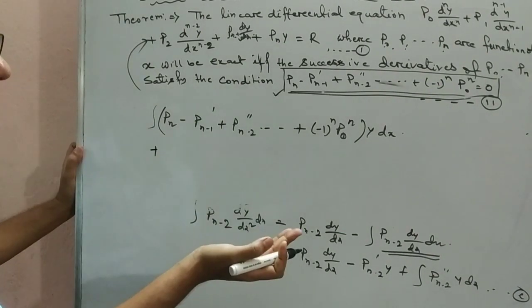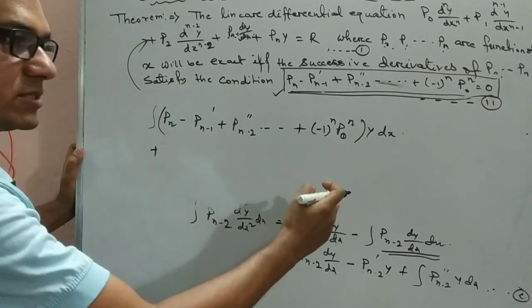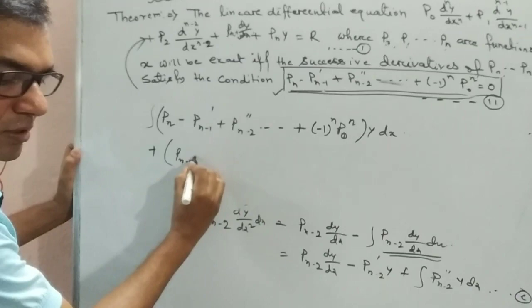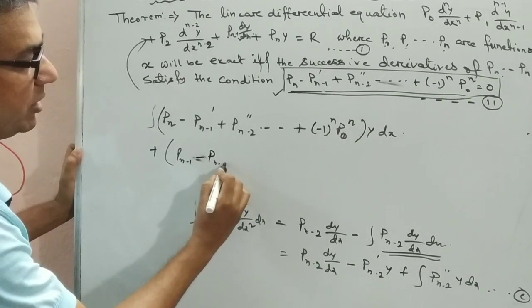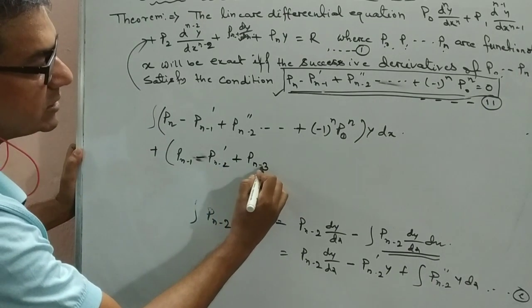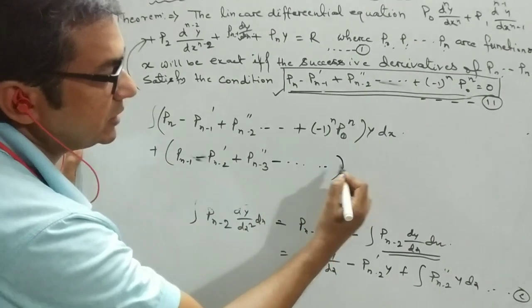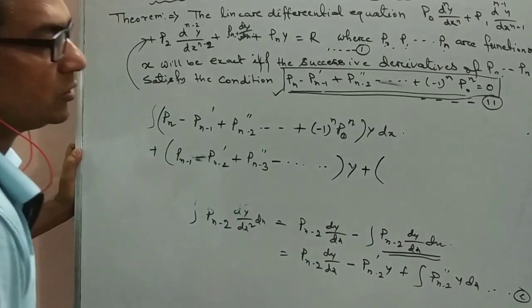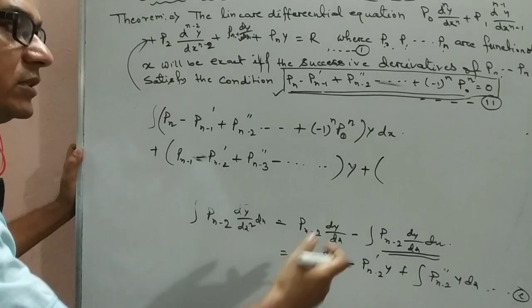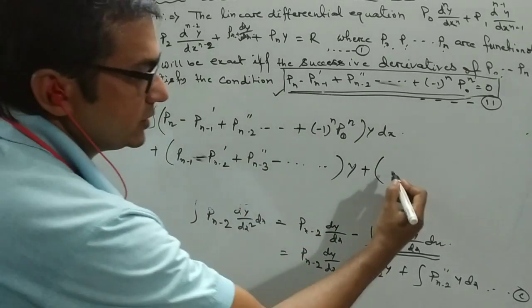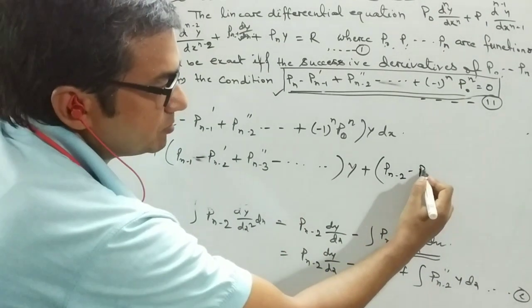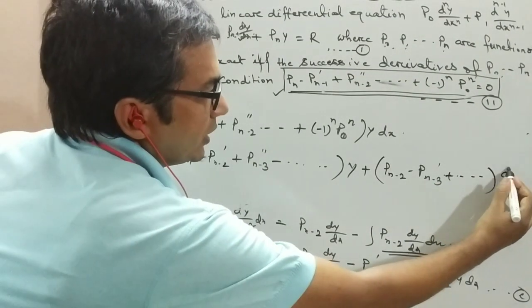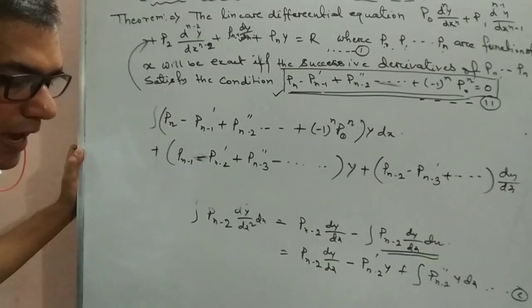And the sum of the previous terms of all the relations gives the result as P_{n-1} minus P_{n-2}' plus P_{n-3}'' minus and so on, into y, plus, and similarly adding the previous terms of all the results, we get P_{n-2} minus P_{n-3}' and so on, plus dy/dx, and so on.